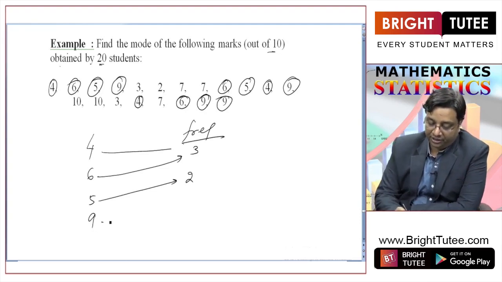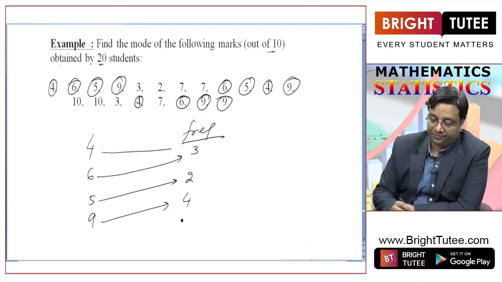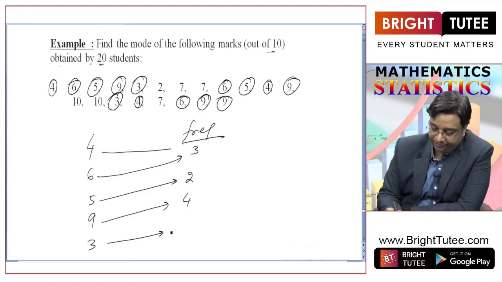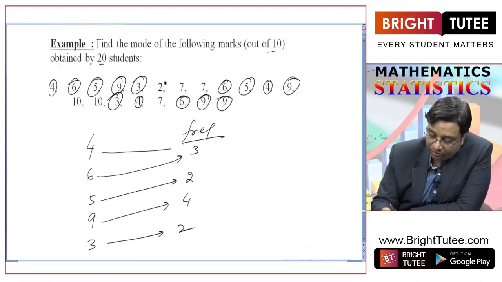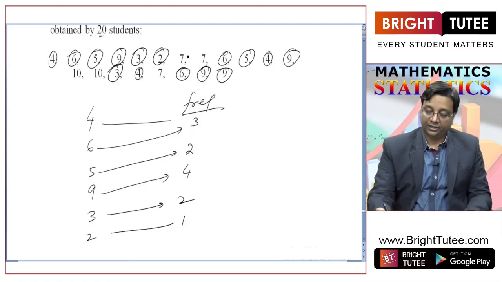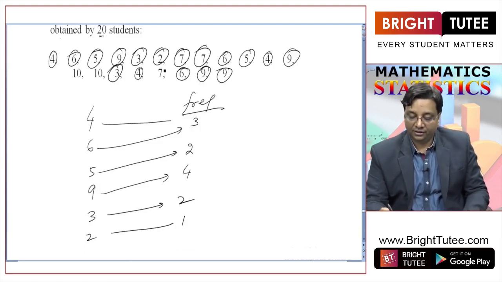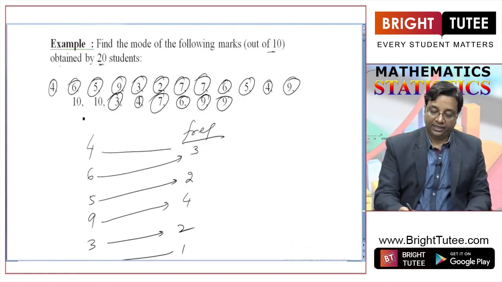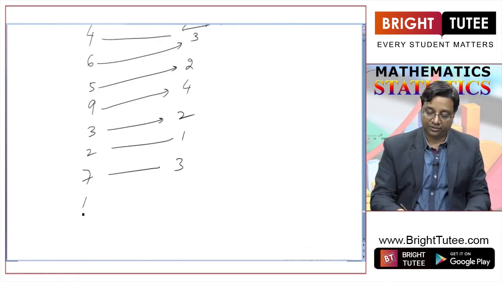So 9 appears 4 times. 3, if you see, appears 2 times. 2 only appears 1 time. 7 appears 3 times and 10 appears 2 times.